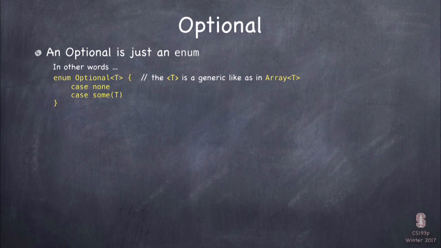That's an associated value. Okay, just like when we had operation in calculator, it has associated values, like unary operation had an associated value of a function, and constant had an associated value of the constant's value. Same thing here, optional. In the some case, the set case, it just has an associated value, and it's whatever type the optional is. So if this is an optional string, that would be a string.